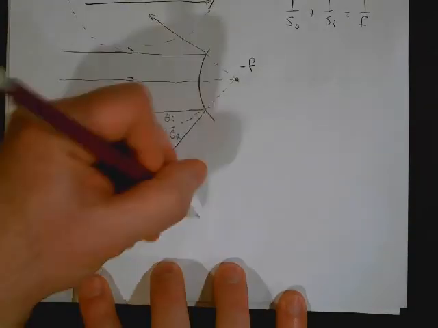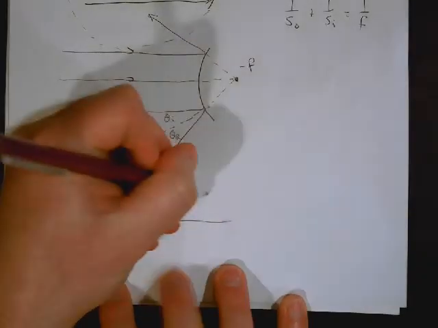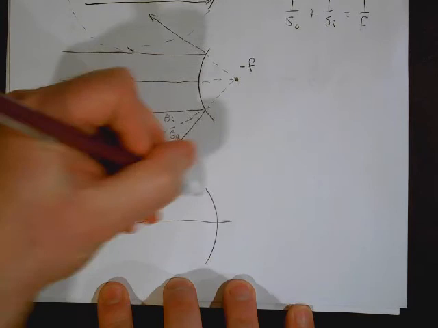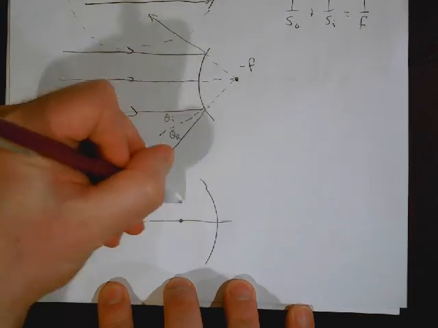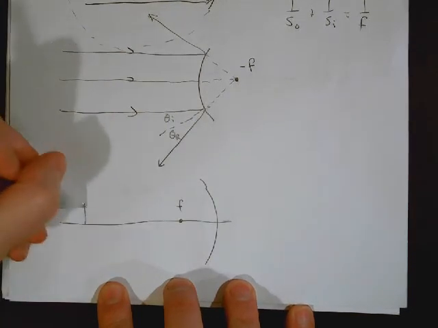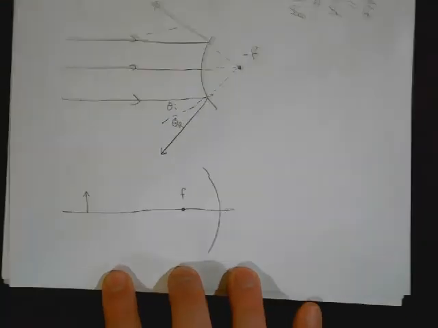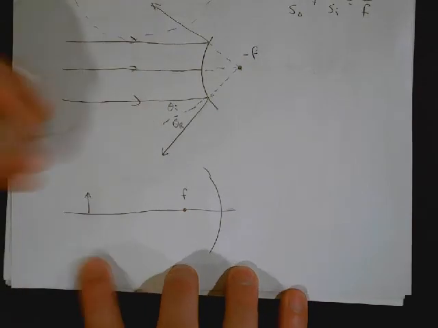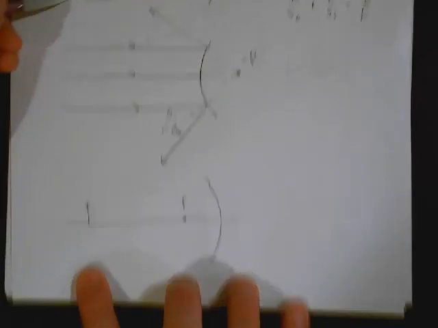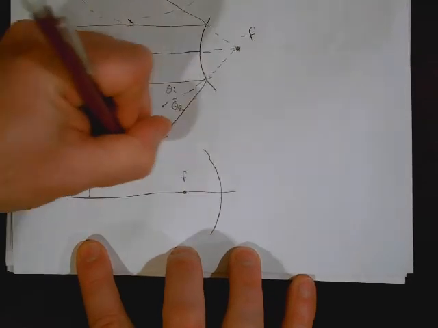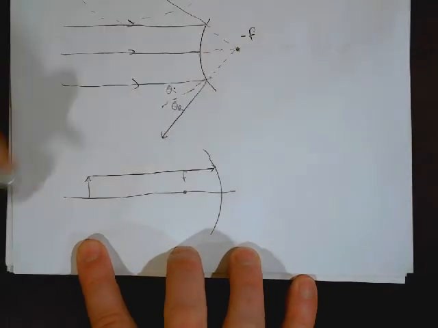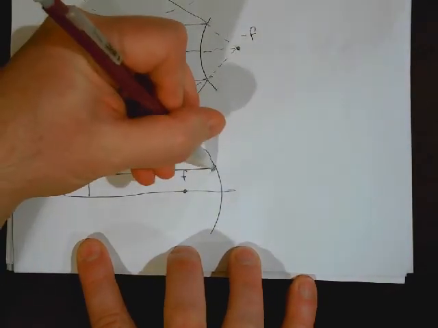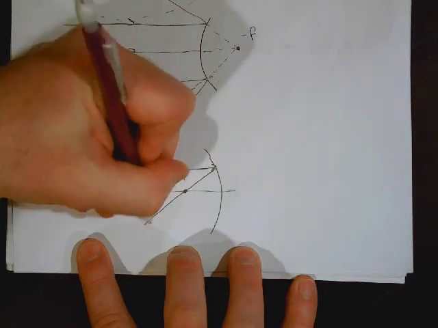So if I just go through a quick example of what I mean. So let's say this is F, and let's say I have my object over here. Well, if you draw your rays, if I do this ray first, it goes parallel, and then it's going to go through the focal point.